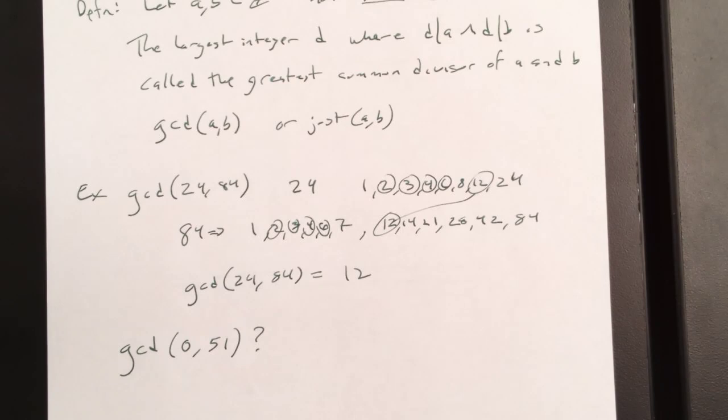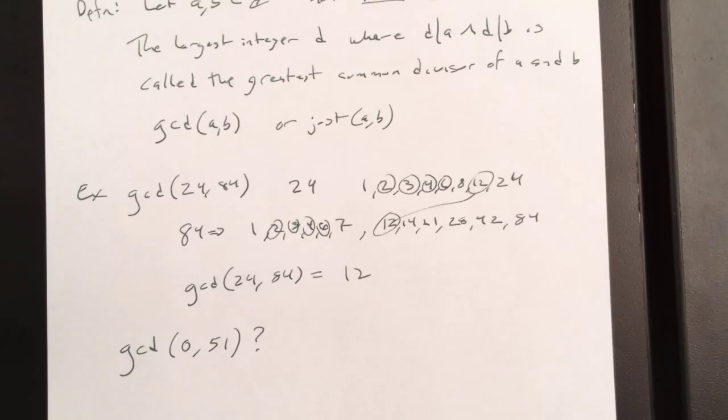What numbers divide 0? All of them. 0 divided by 51 is 0 with 0 left over. 0 divided by 173 is 0 with 0 left over.